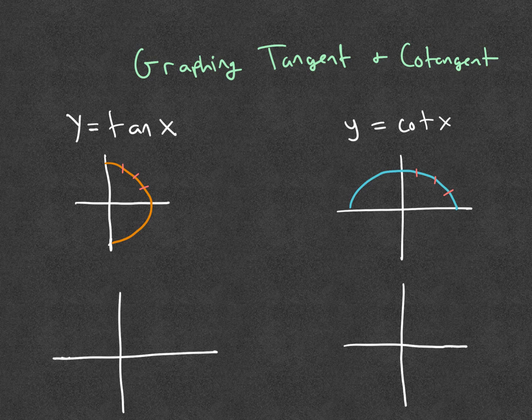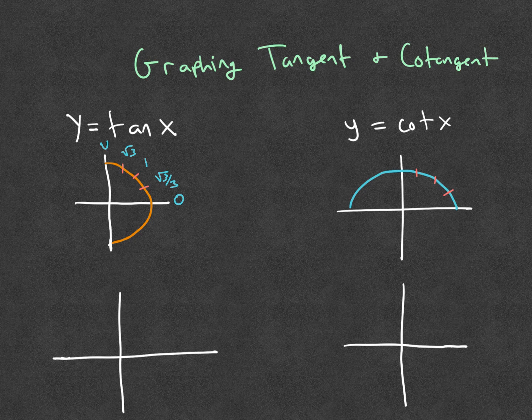So tangent of 0, if I'm at 0 here, that would be y over x. The y value is 0, x is 1. So this is 0, and if you remember, we built up from there: root 3 over 3, and then tangent of pi over 4 was 1, and then it was root 3, and then it was undefined.